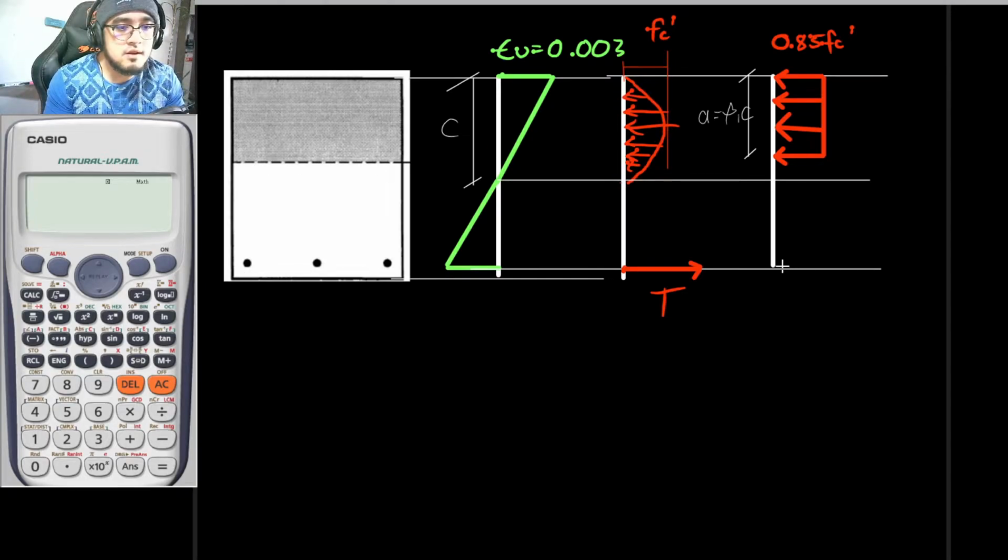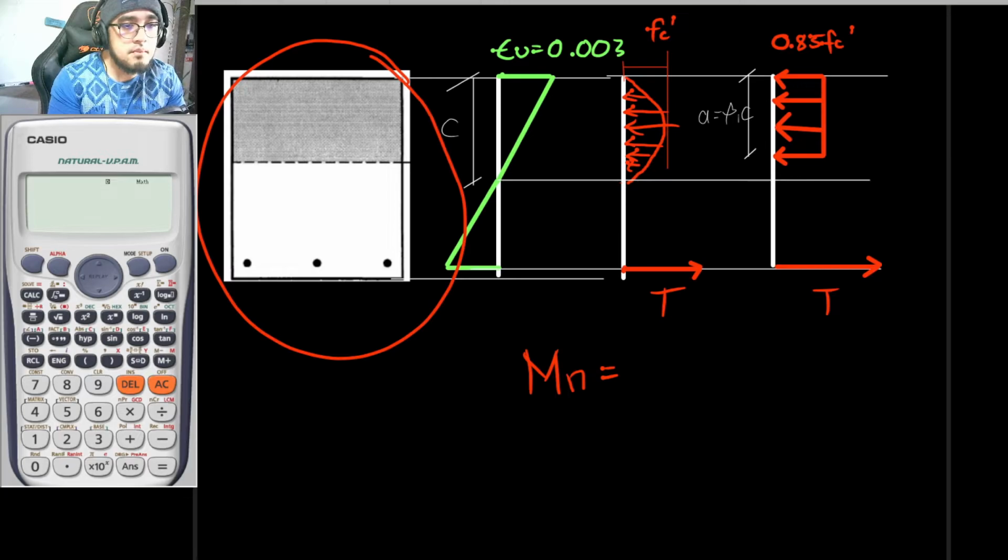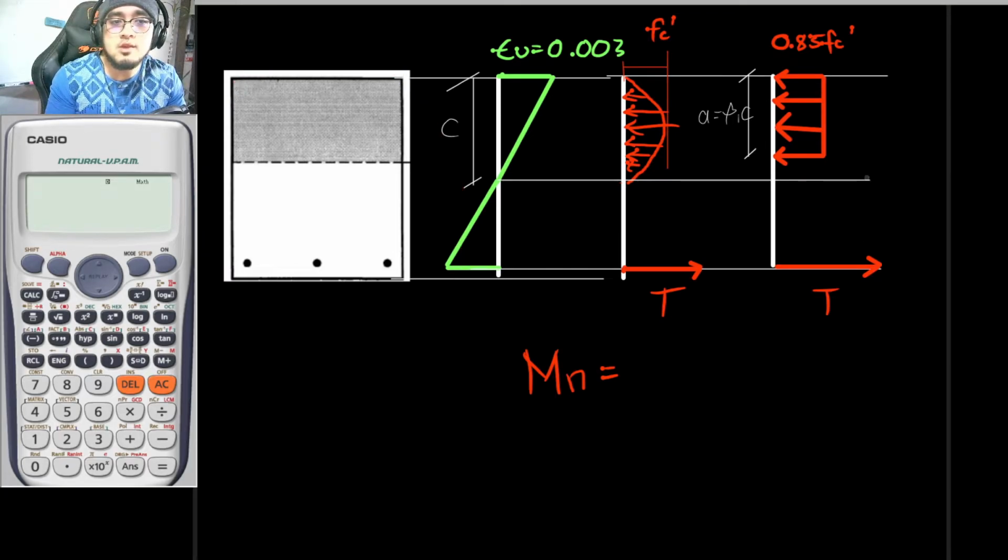So let's not forget the tension stress here at the bottom part. This is now its tensile stress, T. Okay, so basically guys, for us to solve for the value of our Mn, or the nominal flexural strength of this particular member, what we will be doing is getting the moment about any point on your beam.